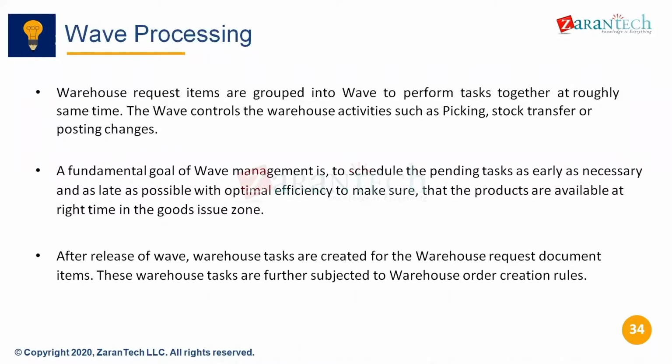Now, what is the benefit of doing this? Basically, if you are picking a part for one delivery, you're going to bin location A. There might be another delivery for a different customer. They might need the same part, and the trucks are going to come at the same time.